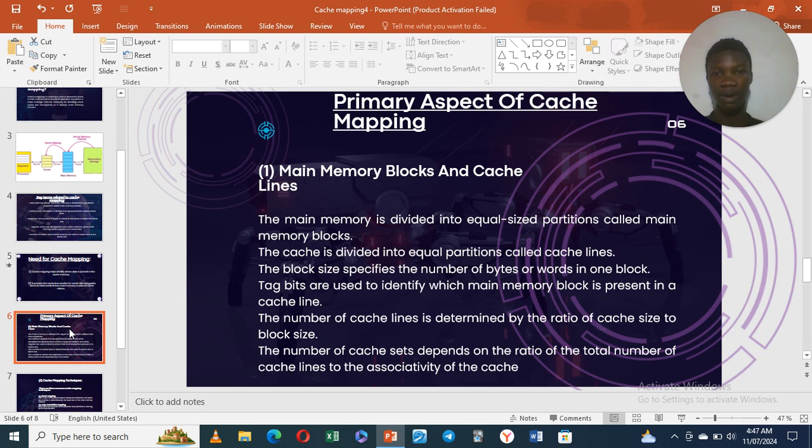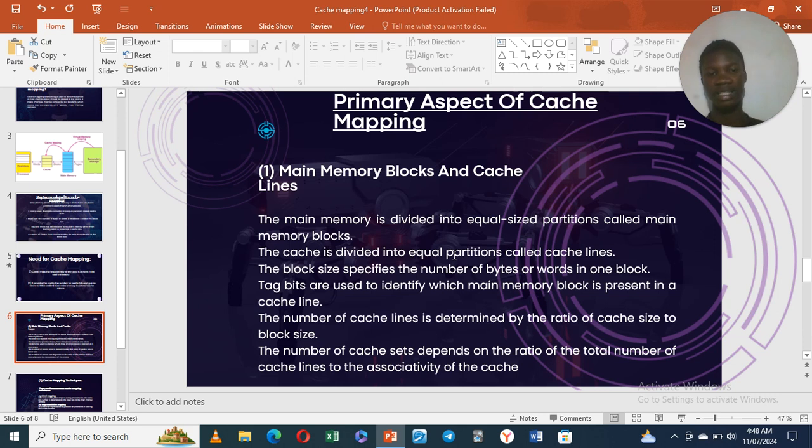First, we are going to talk about the main memory blocks and cache lines. The main memory is divided into equal size partitions called main memory blocks. The cache is divided into equal partitions called cache lines. The block size specifies the number of bytes or words in one block. Tag bytes are used to identify which main memory block is present in a cache line.